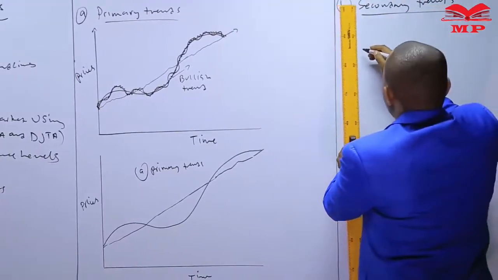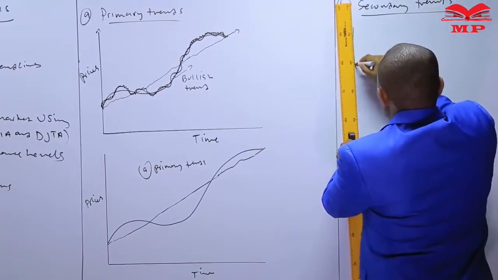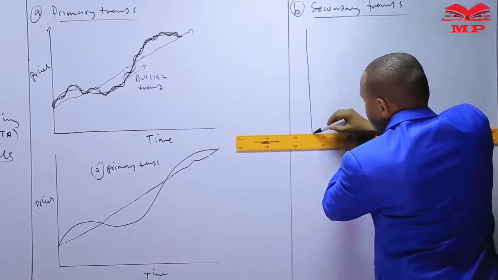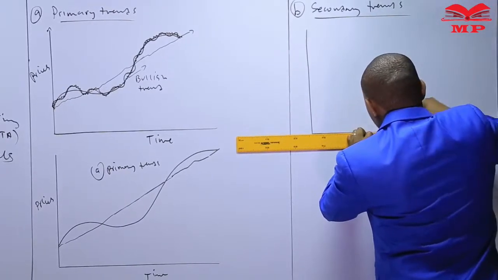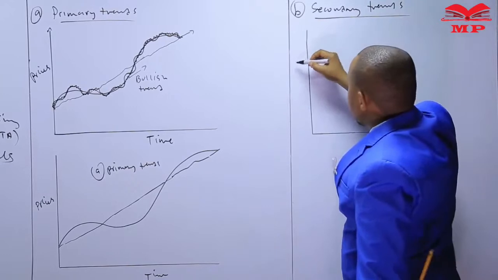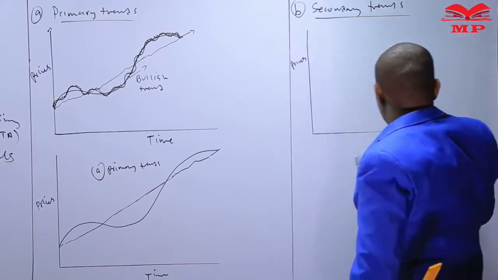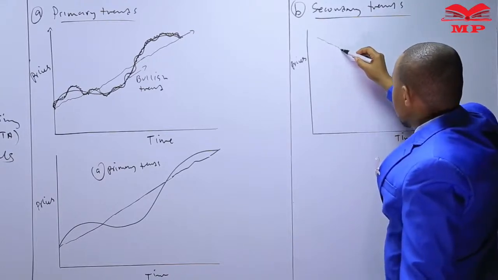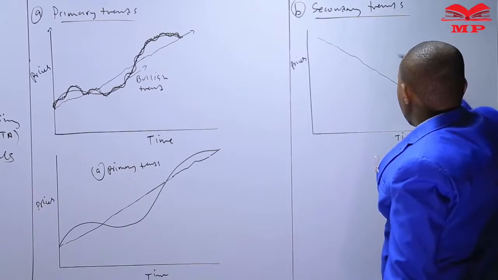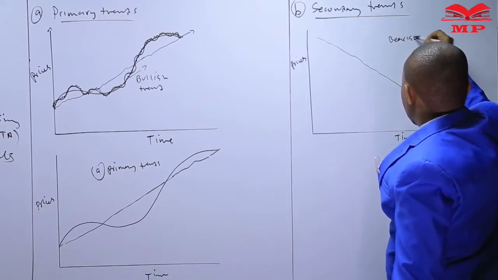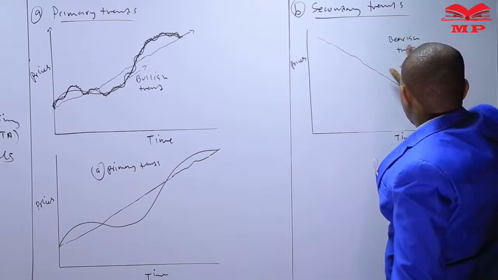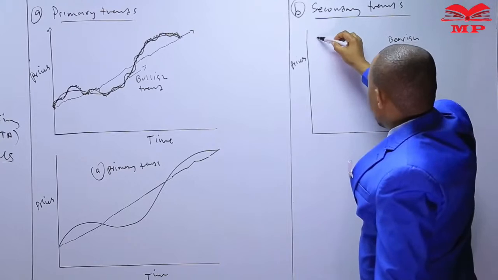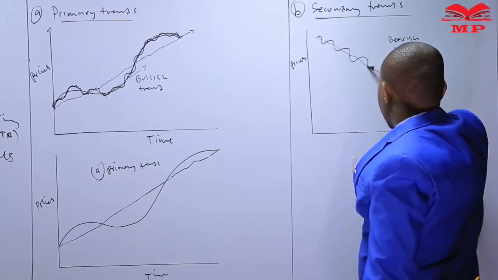The secondary trends move in smaller waves. If we use a bearish trend, this is a bearish trend, and they move in small waves.